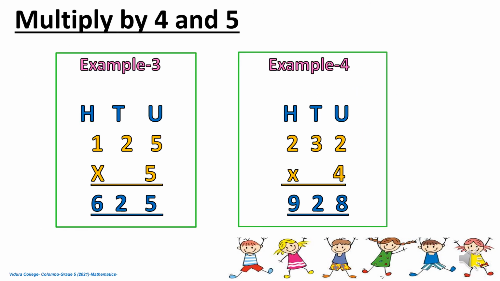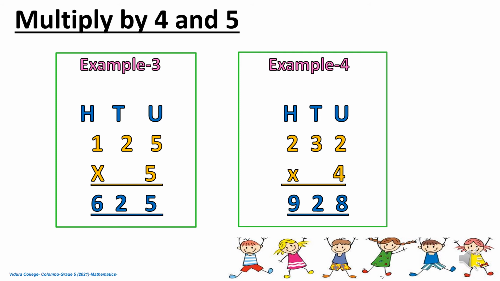Now we are going to multiply by 4 and 5. Example 3. You have a 3-digit number, 125, multiplying by 5. So the multiplier is 5 there. The multiplicand is 125.